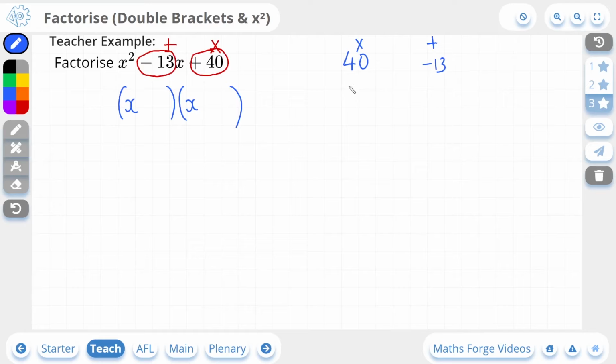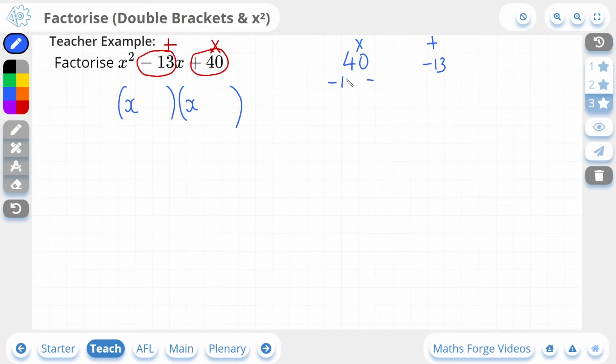And the reason they have to be negative is because the only way you can get a positive number through multiplication is either by multiplying two positives or multiplying two negatives. And the reason I've selected negatives is because these two numbers have to add to give you negative 13. There is no way you're going to add two positive numbers to give you a negative number. So my two numbers have to be negative.